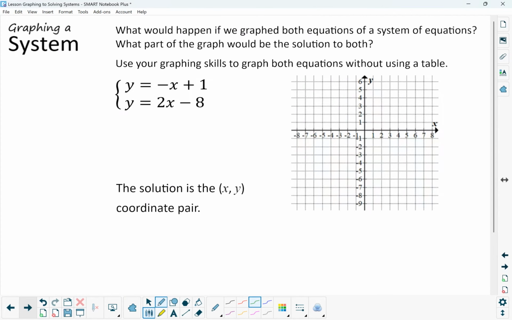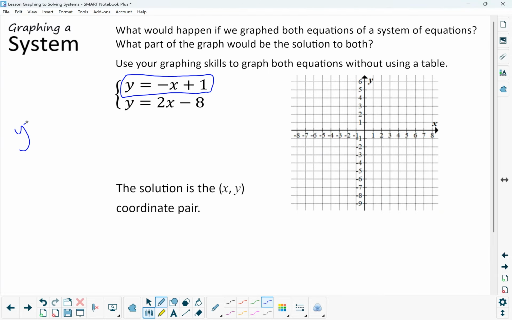Okay, so we've been working with systems of equations. So what happens if we graph both of the equations in a system of equations? What part of the graph would be the solution to the system? Well, we are going to graph these two equations. I hope you recognize them as lines.